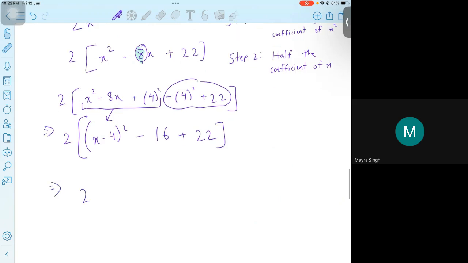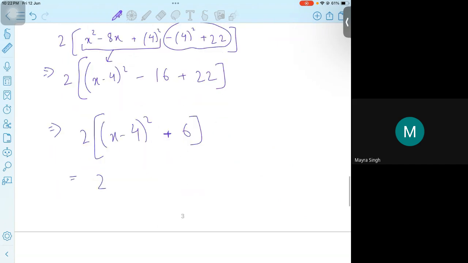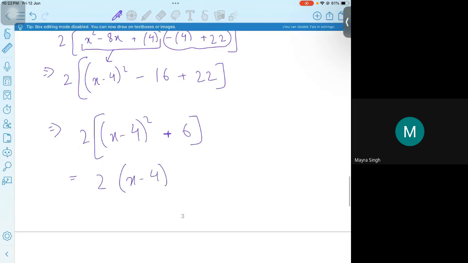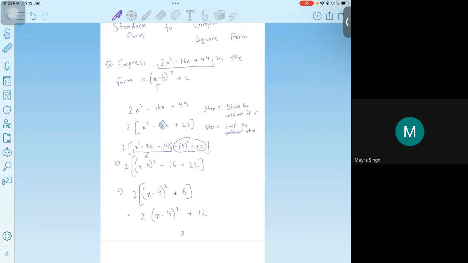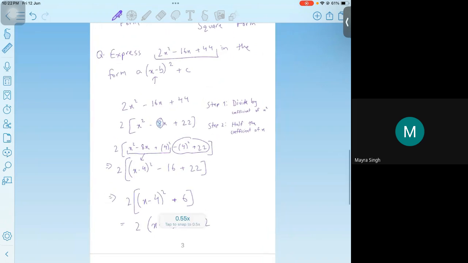Now you have 2 times x minus 4 square plus 6. And if you expand this, you get 2 times x minus 4 square plus 12. Okay? Any questions? Takes 5 seconds, take 10 seconds even.